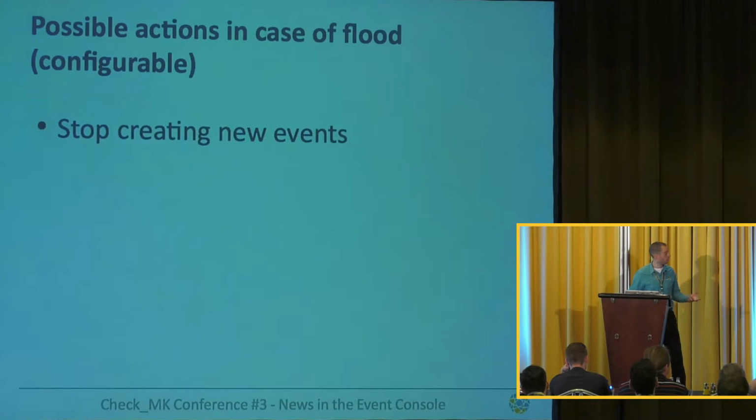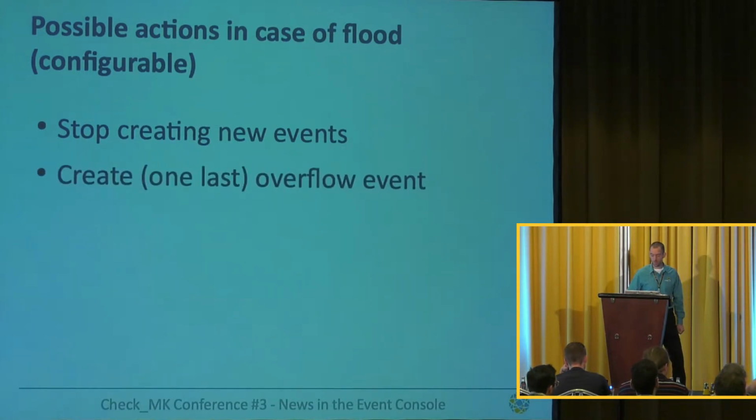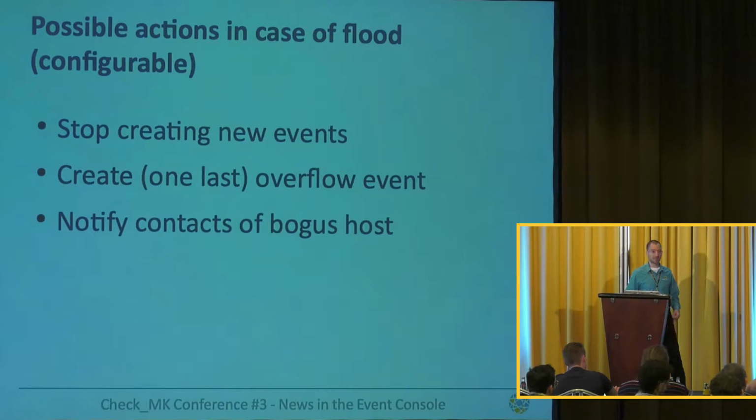Okay, so what can I do? If there is an overflow, so there are no new events taken in from that type or from that host, that's the most important thing. Then one last event is generated, and I can have a notification rule, an alarm rule for that, so I can see what happened.